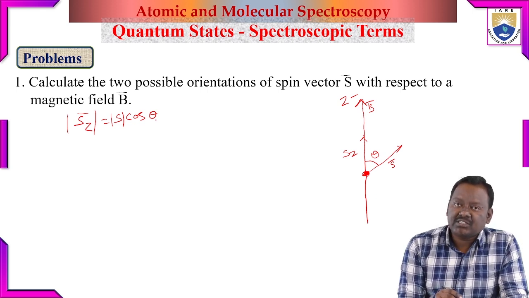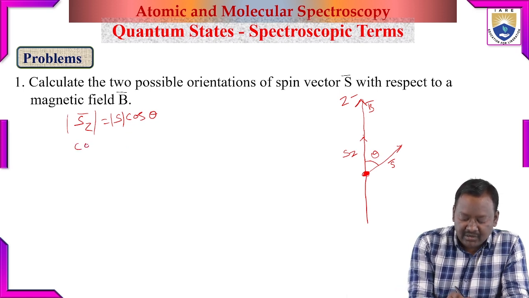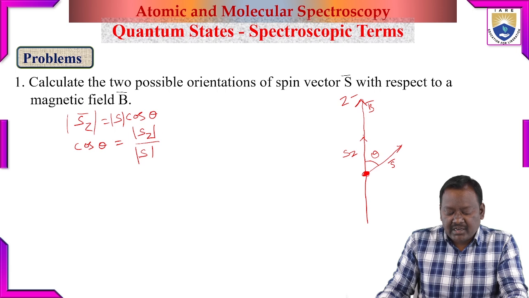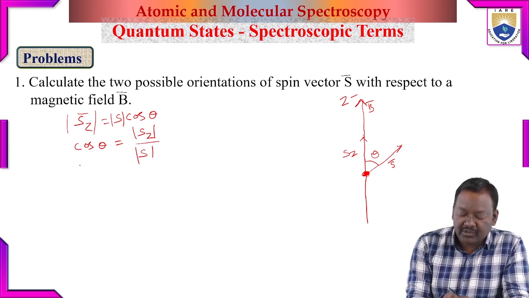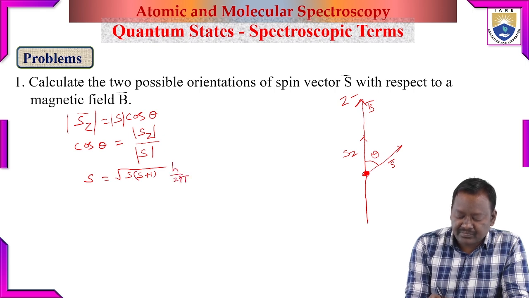Theta is the angle between Sz and S bar, so the angle can be calculated from the magnitudes of Sz and S. Quantum mechanically, these two magnitudes are given like this: the magnitude of the spin vector is square root of s into s plus 1 times h by 2 pi, and the magnitude of Sz is equal to ms into h by 2 pi.